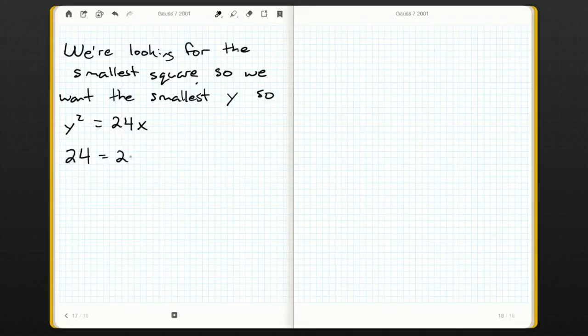24 is 2 times 2 times 2 times 3. Or using exponents, we could write 2 to the power of 3, 3 to the power of 1. Now we know that y squared is going to have 24 as a factor.